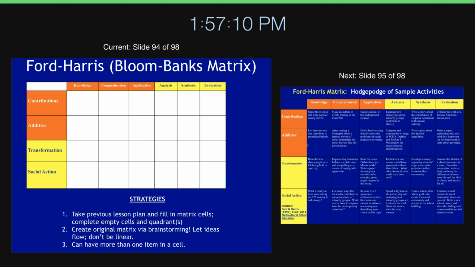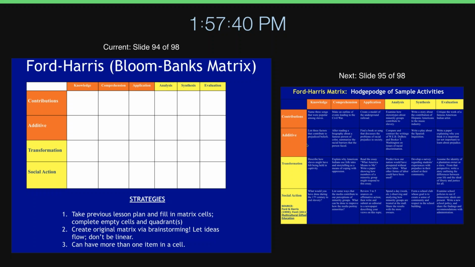So take a blank matrix, then take a previous lesson plan, and based on what you've done, fill in the cells. That's one way. And then, based on what you know about Banks, you can even do more with filling in the empty cells and the quadrants.